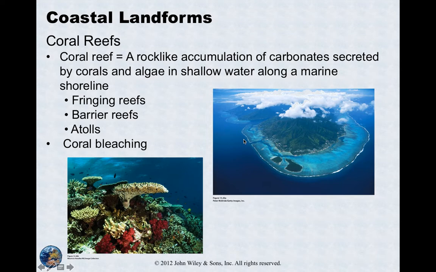Like the Great Barrier Reef in Australia is parallel to the coast of Queensland in northeastern Australia. And then an atoll is like an island of coral. It would be an island of coral, or it would completely surround an island. Those are different types of coral reefs.